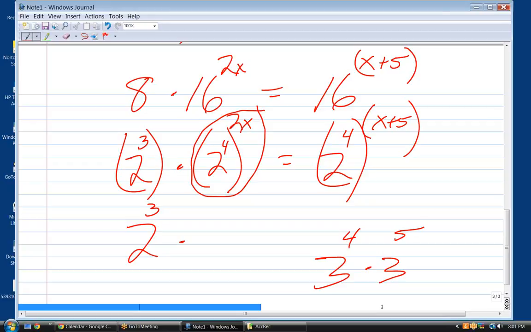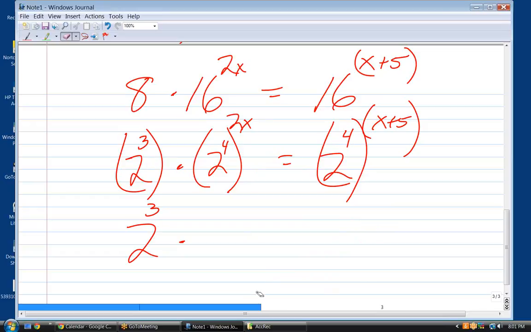One level less than multiplication. But if I have 3 to the 4th raised to the 5th power, that's double exponentiation. One level less than that is multiplication. Got it. And when there's division going on, one level less than division is subtraction. So this is double exponentiation, so we're going to multiply the exponents.